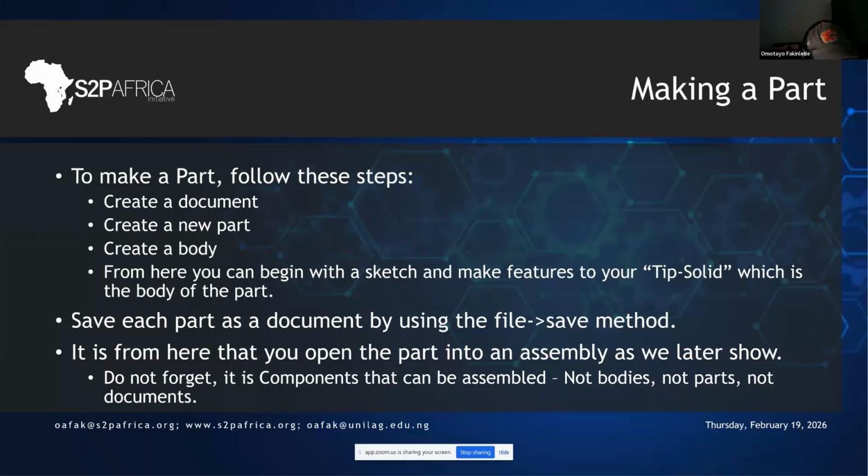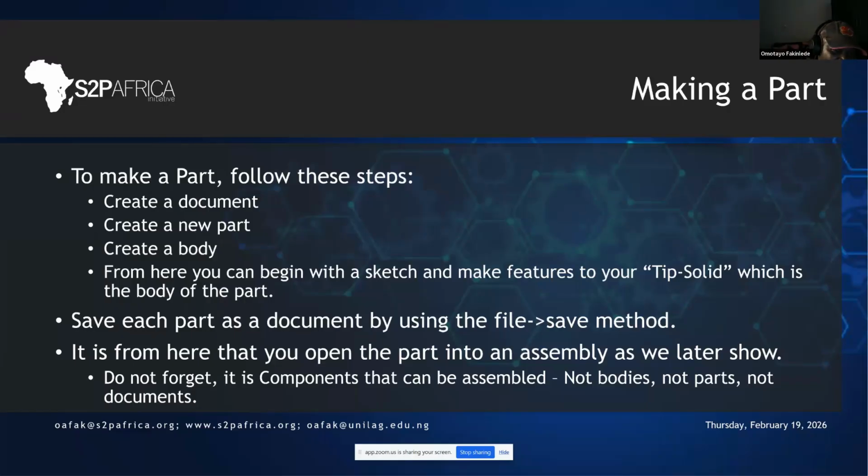And then inside that document, if you are already in the part design workbench, you can go and pick the new part and create a new part for your document. After you have created a new part, you can create a new body for your document. From here, you can begin with the sketcher, make features to your tip solid, which is the body of the part. Those are the steps.